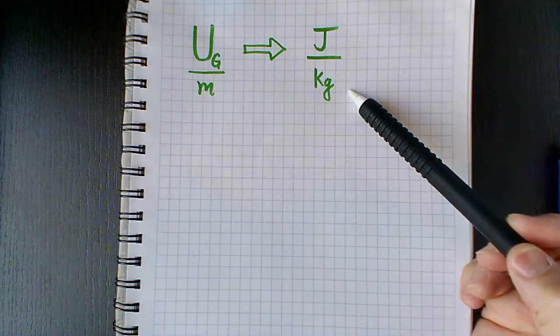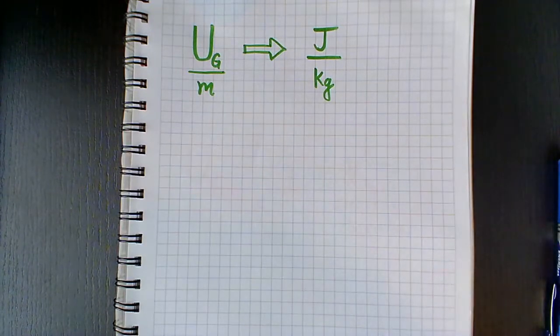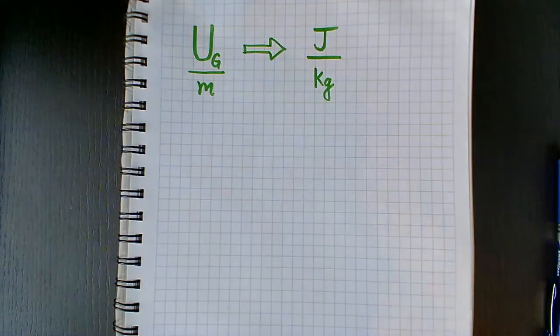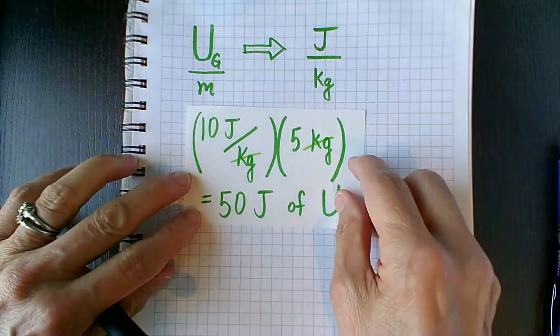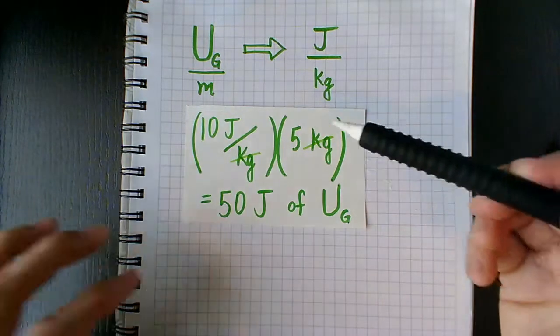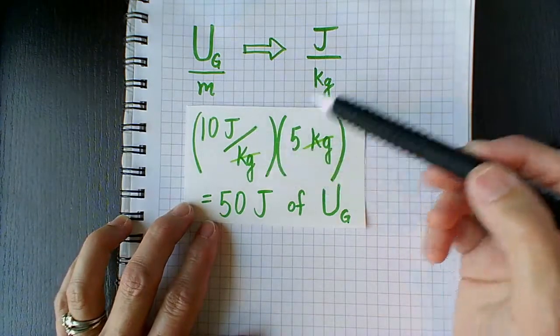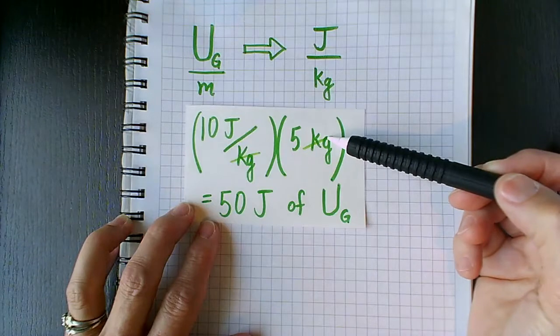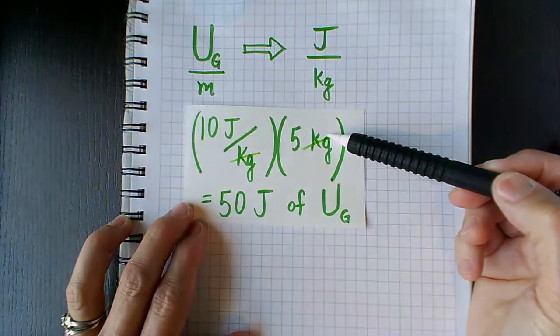So joules per kilogram. Now, it's not really done, but imagine that you know, for example, that the bowling ball has a mass of 5 kilograms, and just say that you happen to know that the bowling ball had 10 joules per kilogram of potential at that particular location. Well, what you could do with that is you could say, well, it's got 10 joules per kilogram of potential, and it's got 5 kilograms of mass.